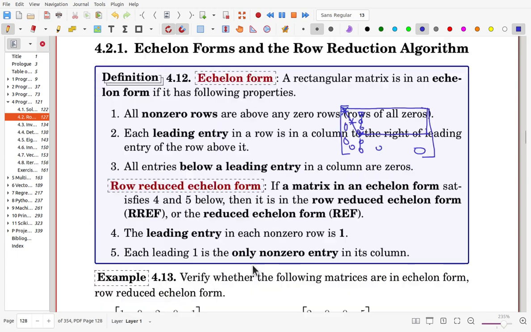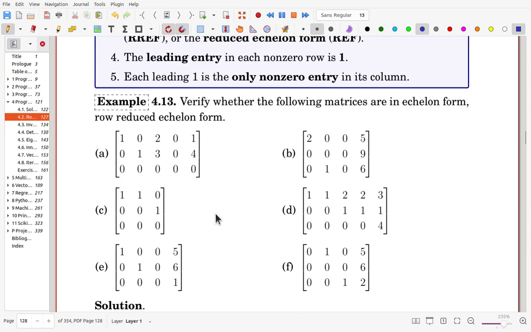Let's see examples. Example 4.13. Here, this is a leading entry, the leading one. Leading entry, that's 1. It has an echelon form, and the zero row is on the bottom. This is echelon form.